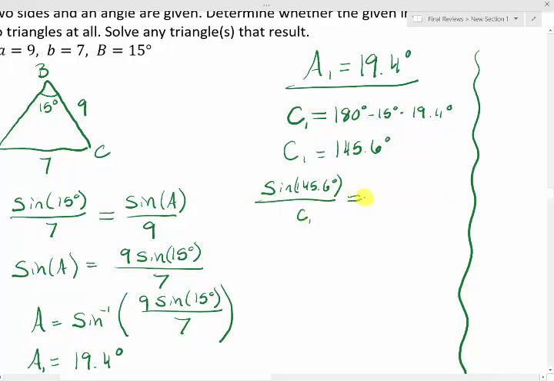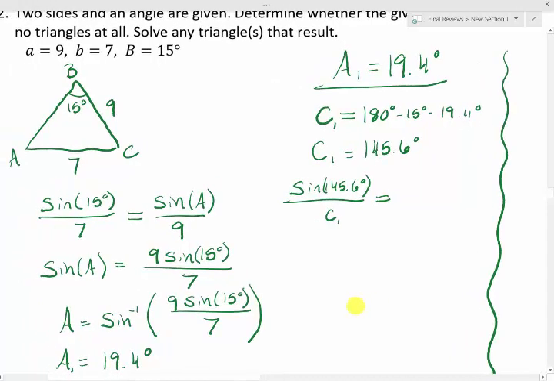That'll be equal to, and then I want to use any of my original information that I can to find this, because this will give me the most accurate answer possible. So I'm going to use the sine of 15 degrees over 7. And then we can solve for side C sub 1.